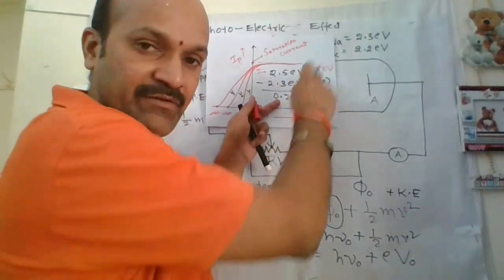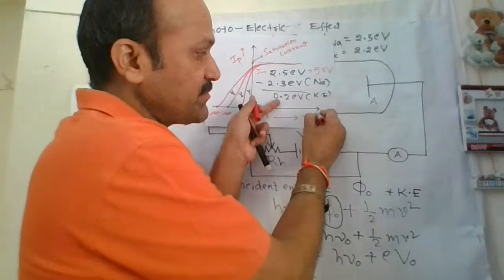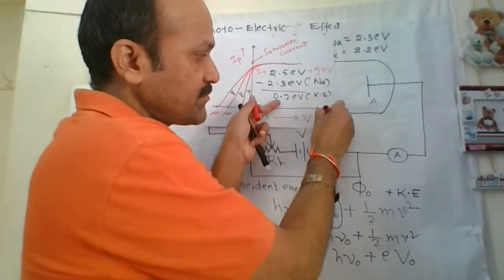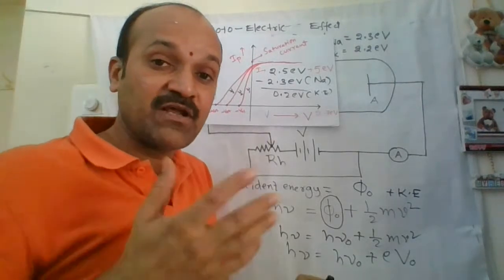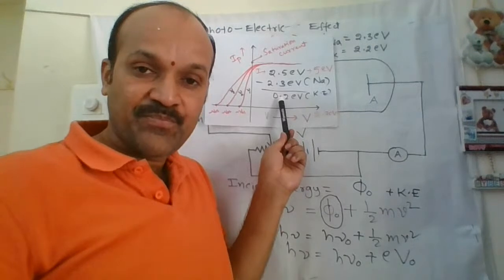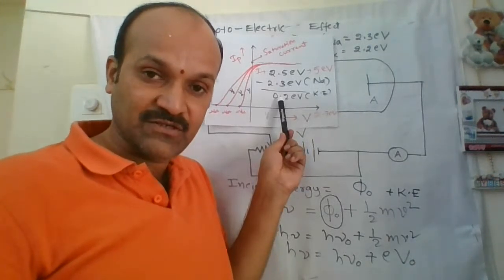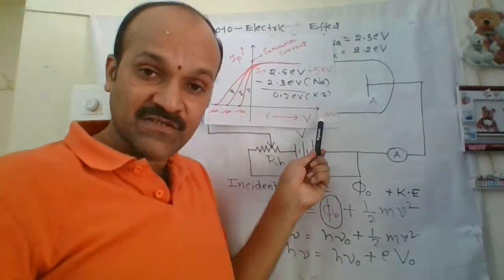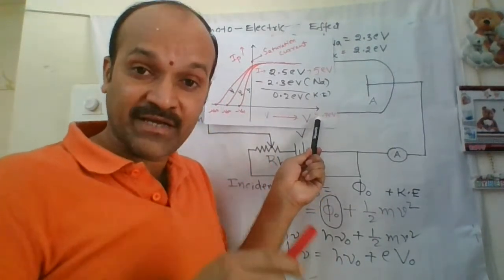What is the remaining? If you subtract 2.3 from 5, now the remaining energy has become 2.7 electron volts. In this case, the electrons have 0.2 electron volts kinetic energy. In this case, the electrons have 2.7 electron volts kinetic energy.